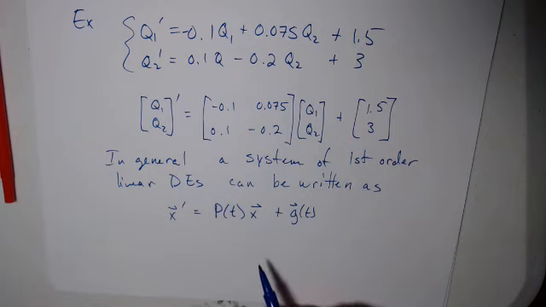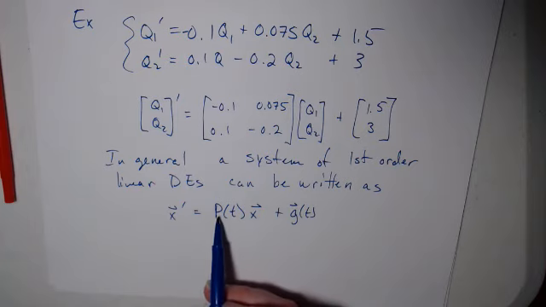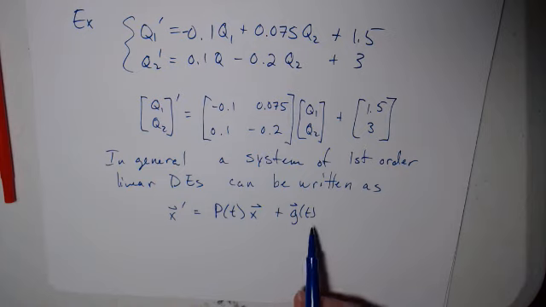So that looks just like our old first order equation, except we made the P capital because it is a matrix, and these are vectors instead of just single functions.